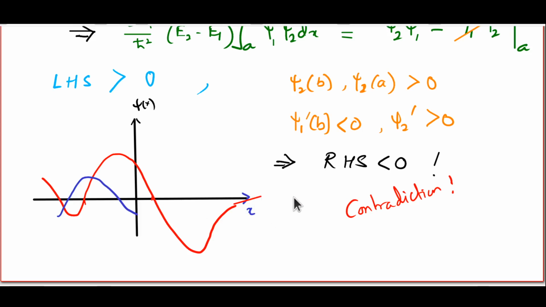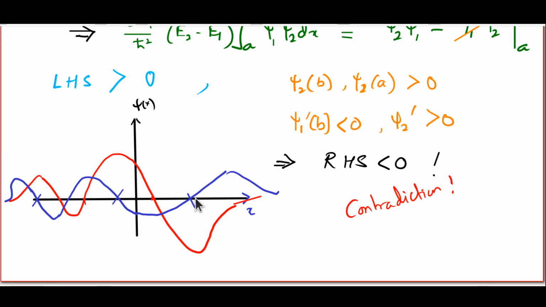This one we don't really count as a node. But the argument works whenever psi1 vanishes, so it will also imply that you have to have a node here and another node here. If this is the last node before minus infinity of psi1, psi2 must have a node somewhere in between. Of course, psi1 and psi2 both will vanish at negative infinity on this side, but you will have at least one more node of psi2 than psi1.